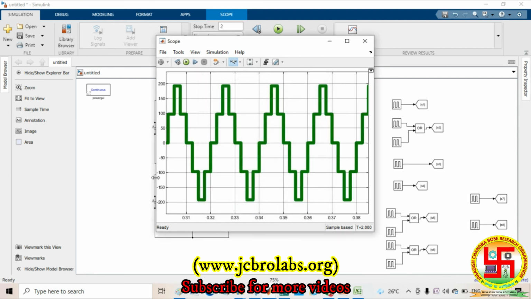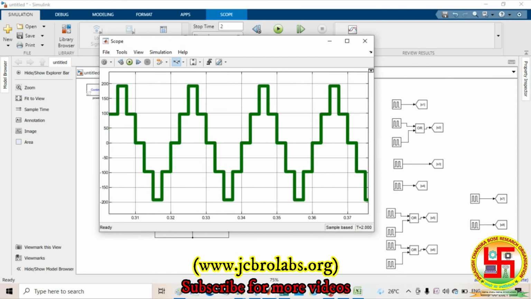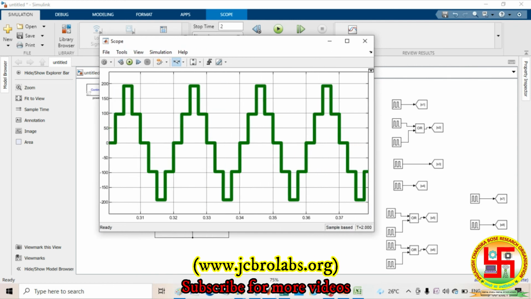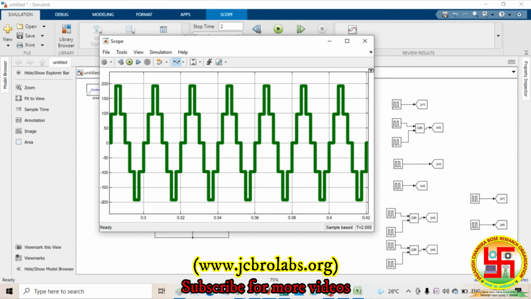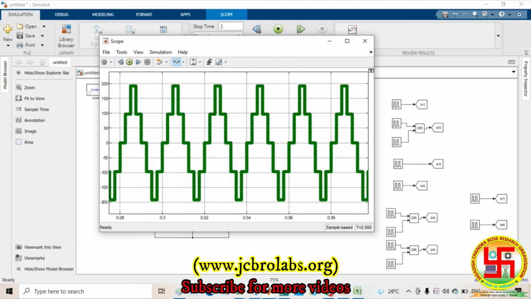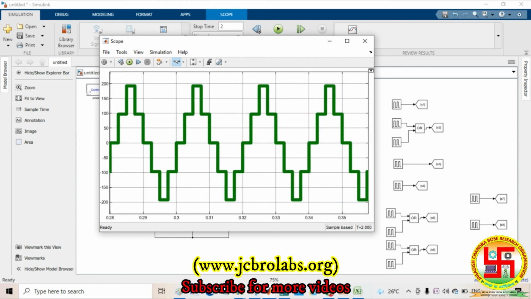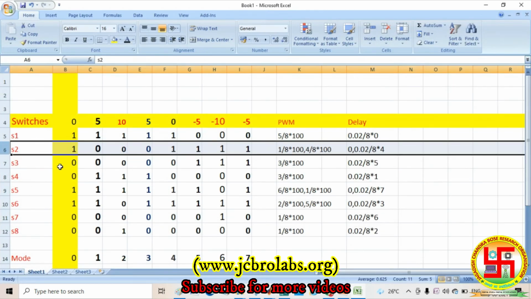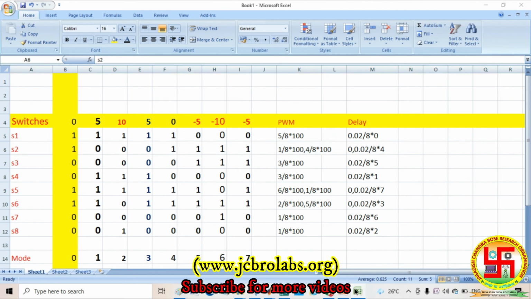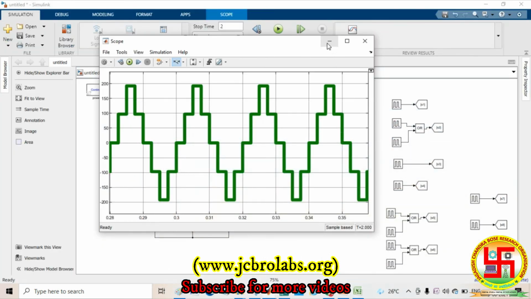Which we are getting, 5 level. We are running the simulation up to 5 cycles only. So if you see 1, 2, 3, 4, 5, as per this truth table which we designed. Okay. I hope everyone understood.